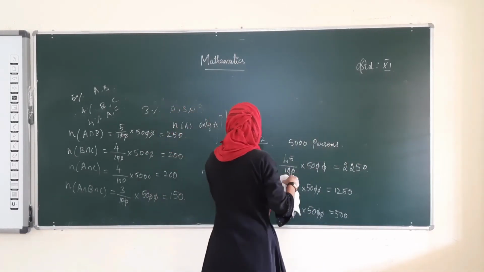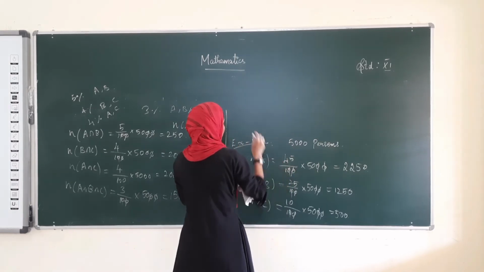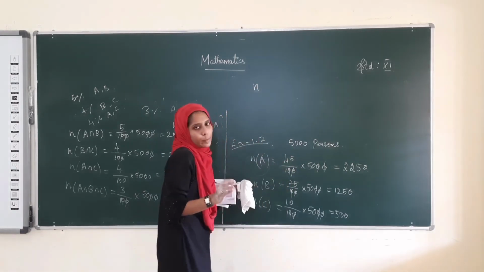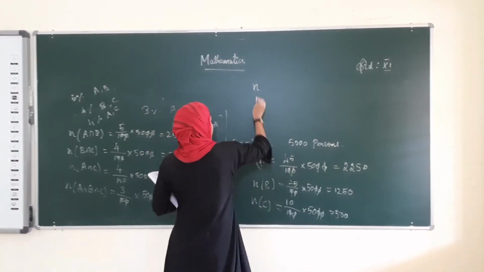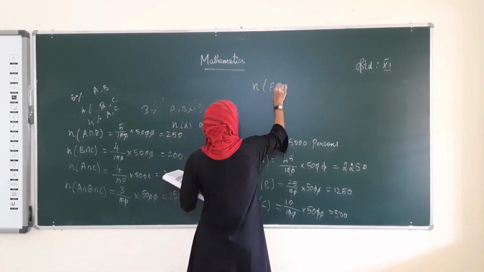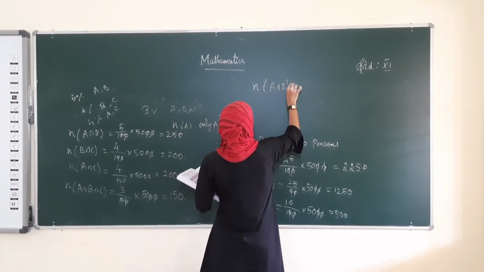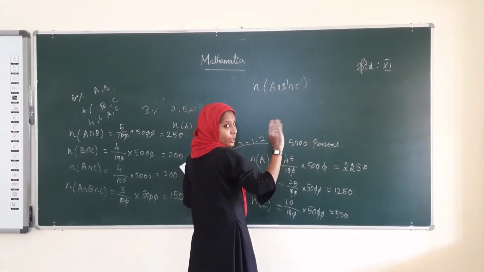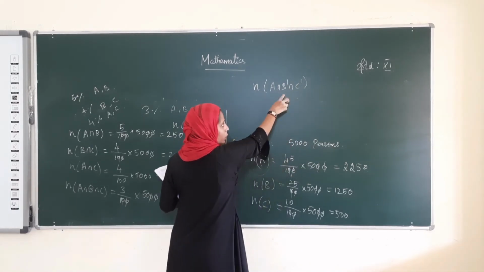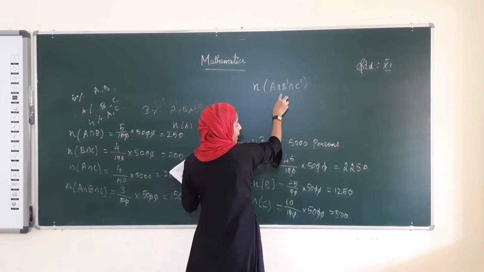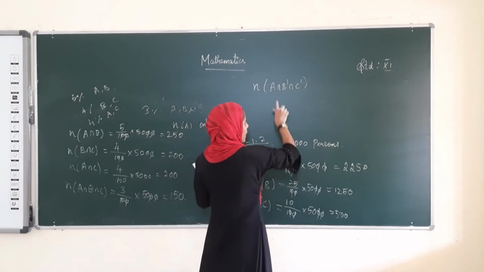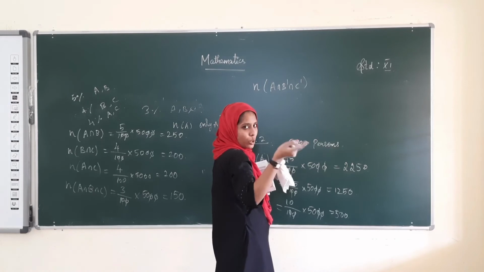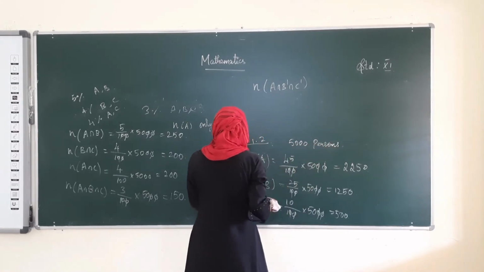See here, what we should know is a person who speaks only language A, that is A alone, A intersection B dash and C dash, who does not know the languages B and C. Therefore we are taking A intersection, the person should not know B, therefore B dash, and the person should not know C, therefore C dash.